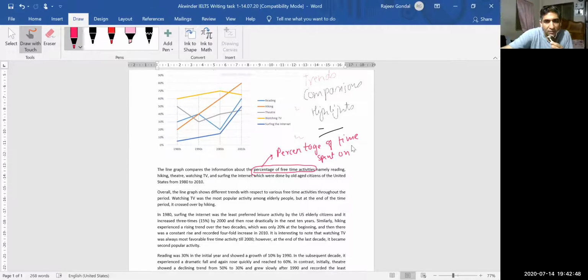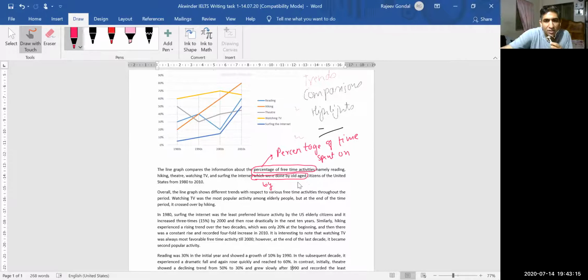It is percentage of time spent on free time activities, namely reading, hiking, theater, watching TV, and surfing the internet, which were done by. Now, "which were done by" looks a little odd. Percentage of time spent on free time activities, namely these. After this, you can say by old citizens. It's not old age citizens, but aged citizens.